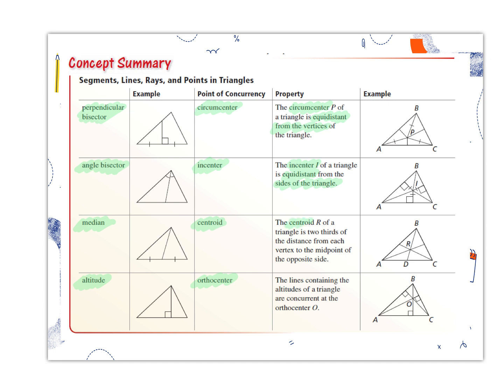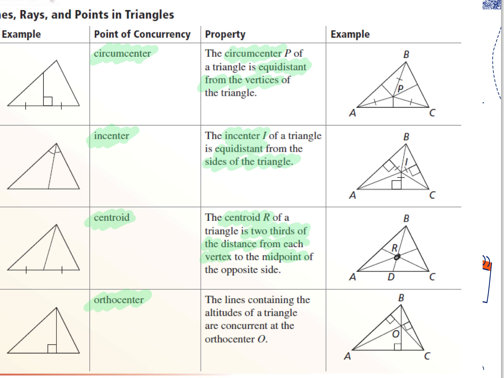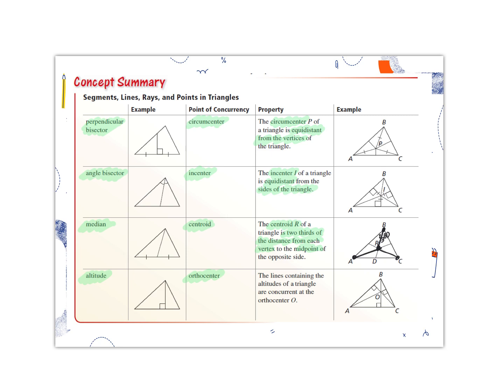We learned that the centroid is 2/3 of the distance from each vertex to the midpoint of the opposite side. I call it the longer side and the shorter side, but again, it's 2/3. So if you're at the centroid, and this is the vertex, this is the 2/3 side. It's the one between the vertex and the centroid. Those are the 3 pieces that are 2/3 of the total.